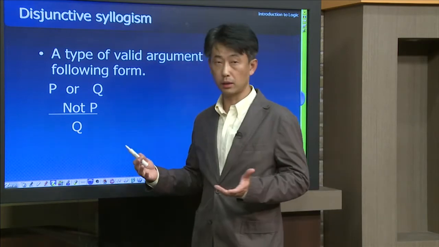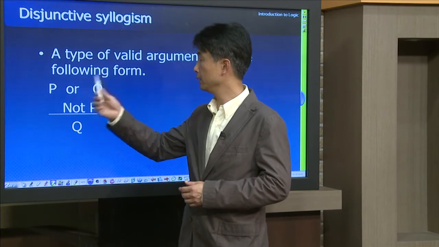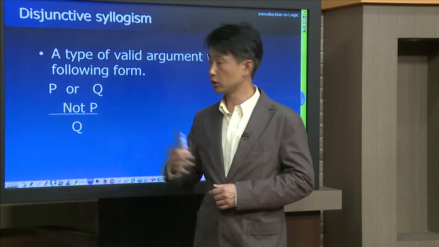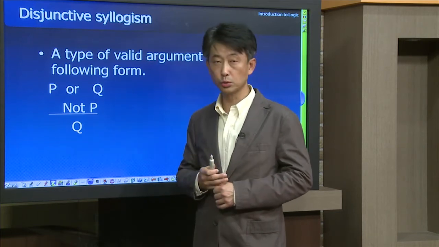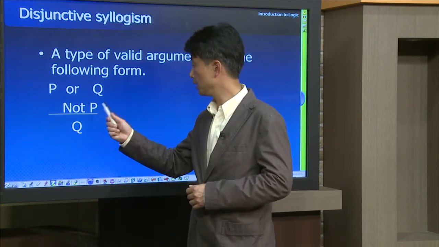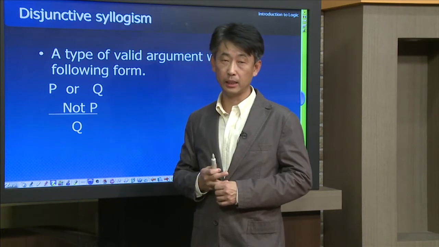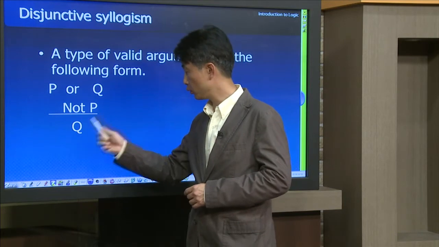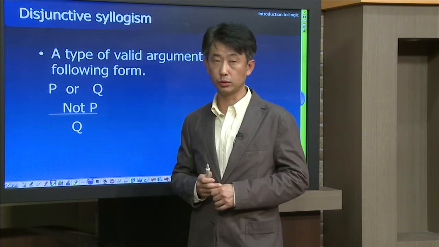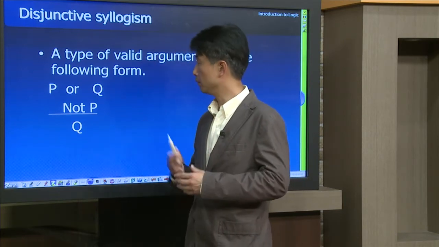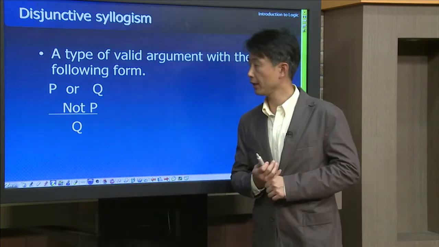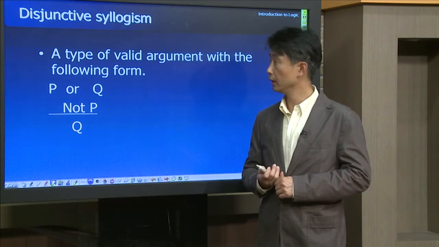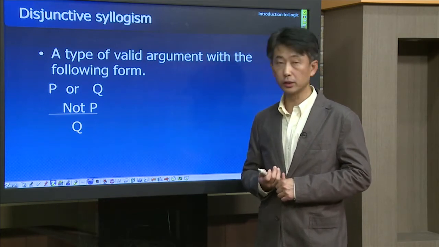Let's say P is bus number 9 or Q is the subway goes to the zoo. Not P means the number 9 bus is out of service today, then you have to take the subway to the zoo. So this is a very familiar type of valid argument, and logicians call it disjunctive syllogism.